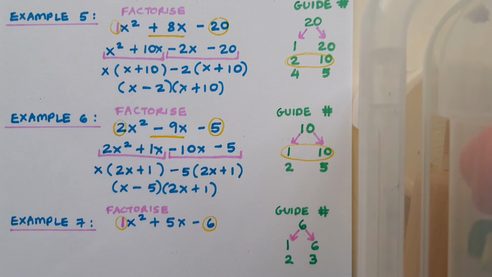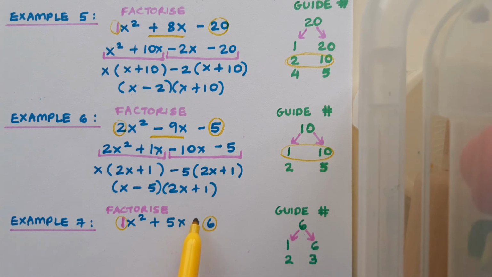And now this is where the trouble can kind of begin, because you could look at these and say, well, 2 and 3, I can make 5. So a lot of people would use the 2 and the 3 here as their choice of factors, but actually that's incorrect. The reason it's incorrect is that I have a negative here at the end.